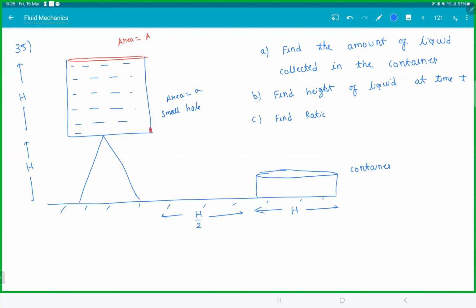Find a ratio of time to empty the first half of the tank, meaning H to H by 2, and second half H by 2 to 0. If you give me the answer for C, you would have got the B part anyways. But the B part's result is a standard result, which you need to mug up actually. In the exam you won't have time to sit and derive.